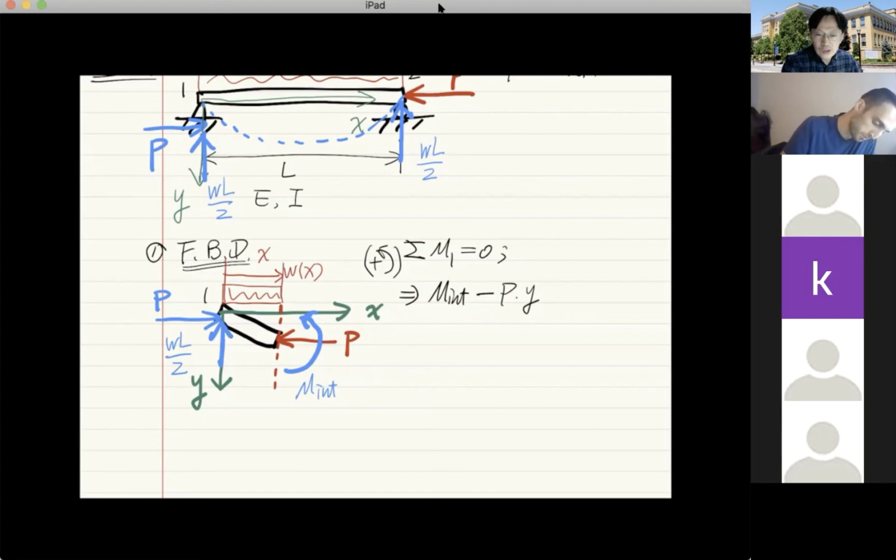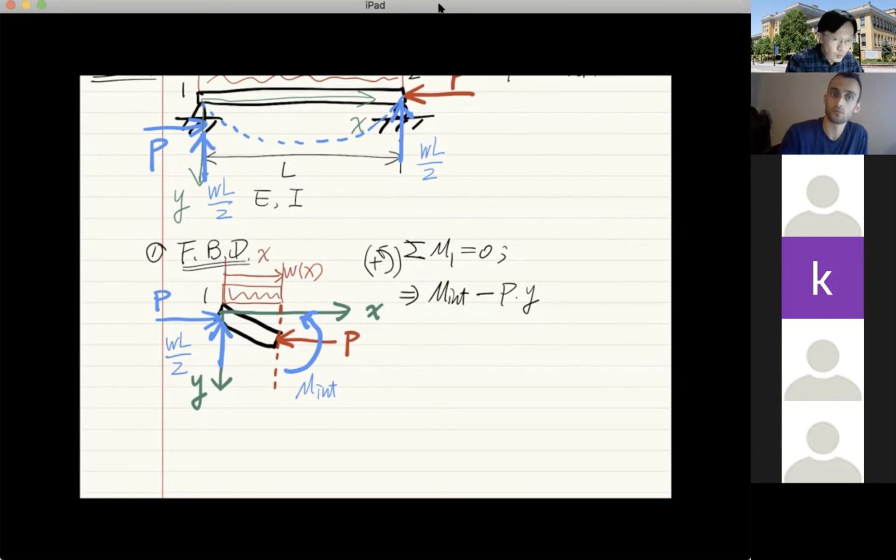If you have a reaction at support 1, at that cross-section when we cut it, is there a shear or not? Yes. Of course, there's a shear. And what is the magnitude of the shear? You have to consider the reaction from support 1.